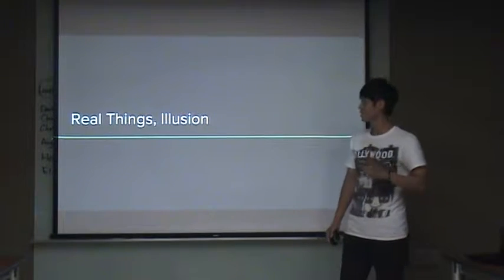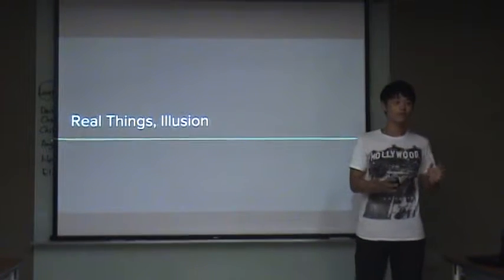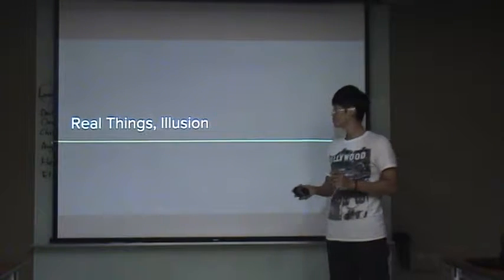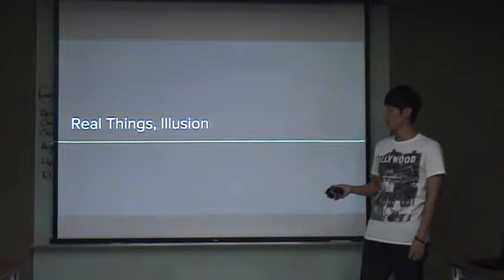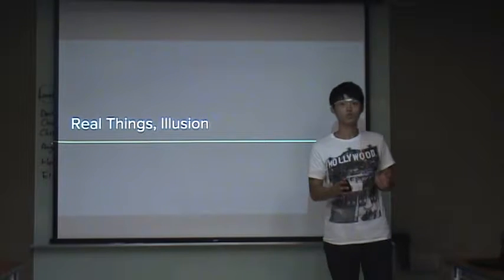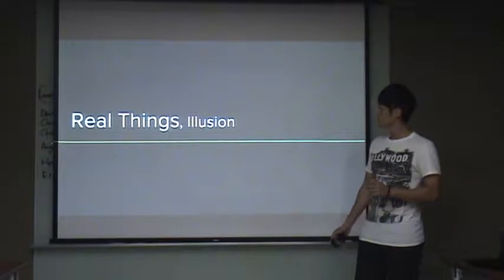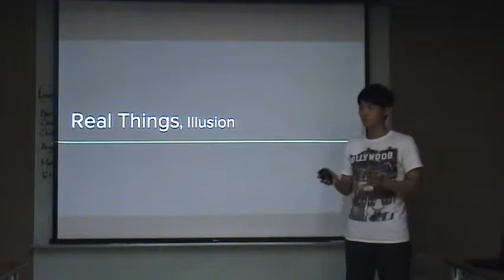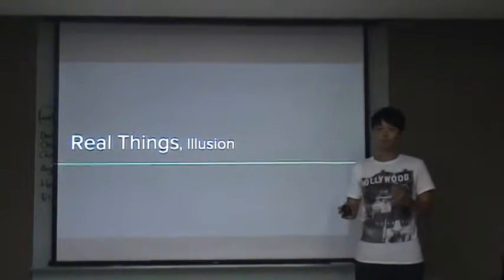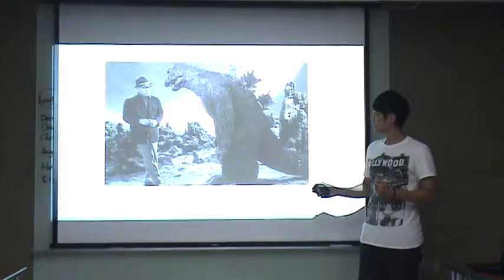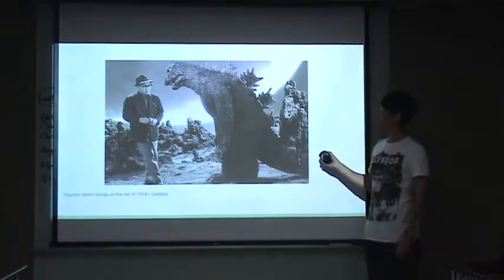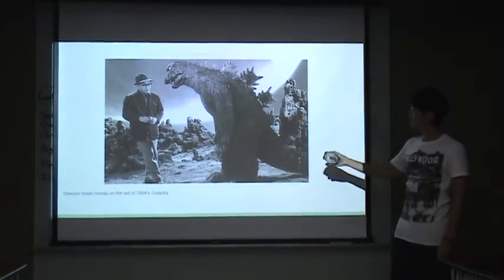First, in the early days, before the rise of computer technologies, people tended to use real scenes or illusions to do the visual effects. For real scenes, an example is costumes or props. If you have a childhood, you should know this animal.